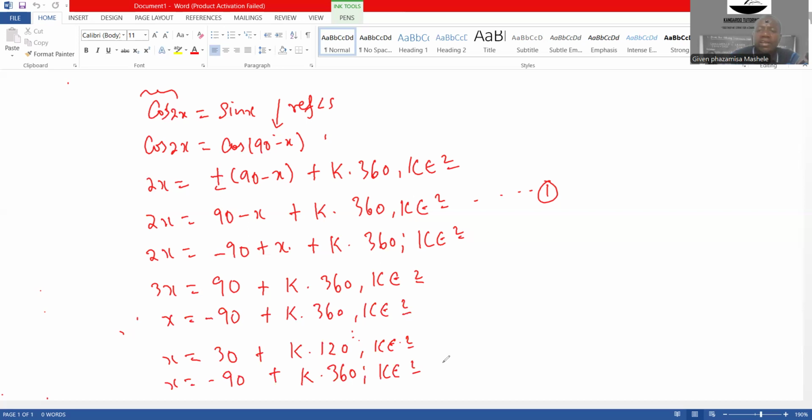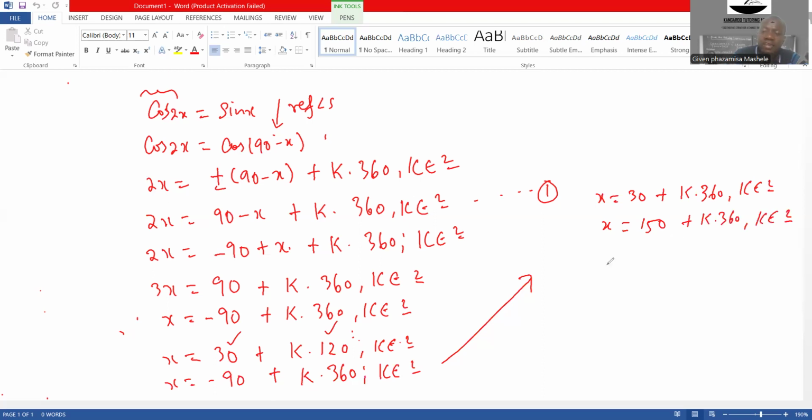Like I said earlier, we can still rewrite this and say x is 30 plus k times 360 degrees, where k is an element of integers. Then for the second one, we take this 30 and add the period, so this becomes 150 plus k times 360, where k is an element of integers.